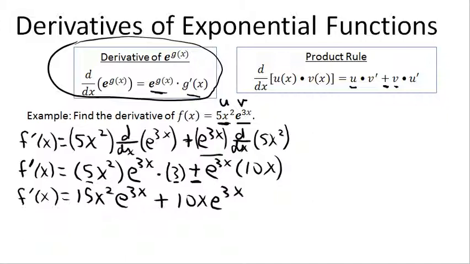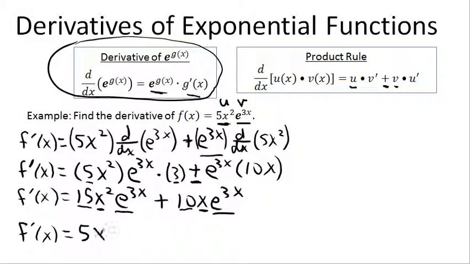At this point, you probably notice that there's a common factor. There's a 5 inside of that 10 and also inside that 15. There's an x in this factor as well as inside of there, and there's an e to the 3x in both. So we can actually factor out a 5 and an x and an e to the 3x. So the least common factor is 5x times e to the 3x.